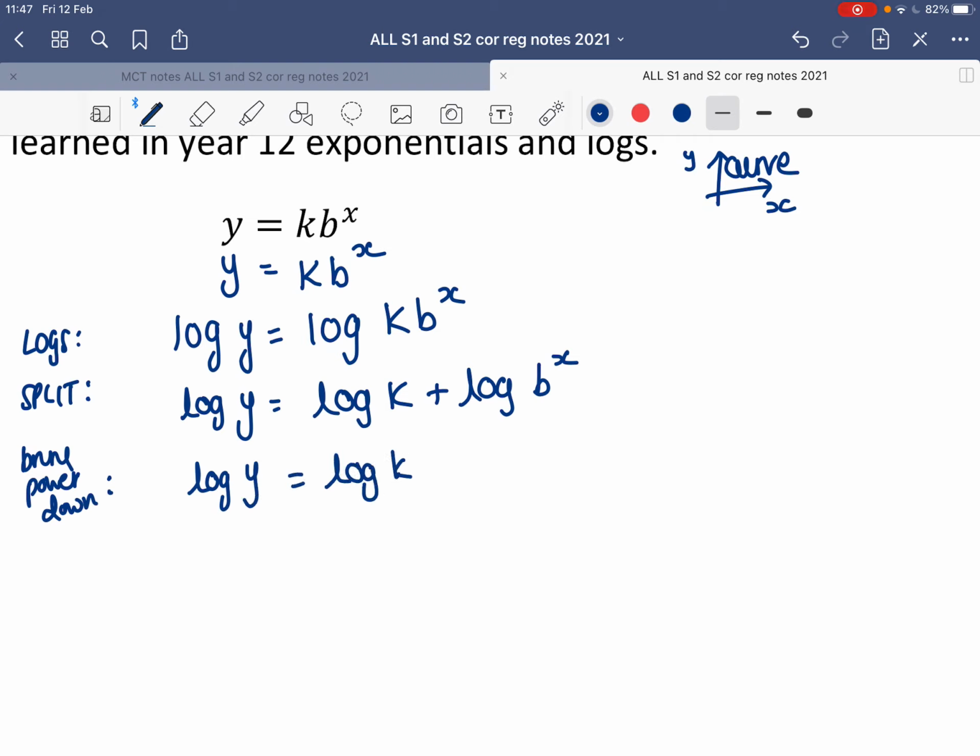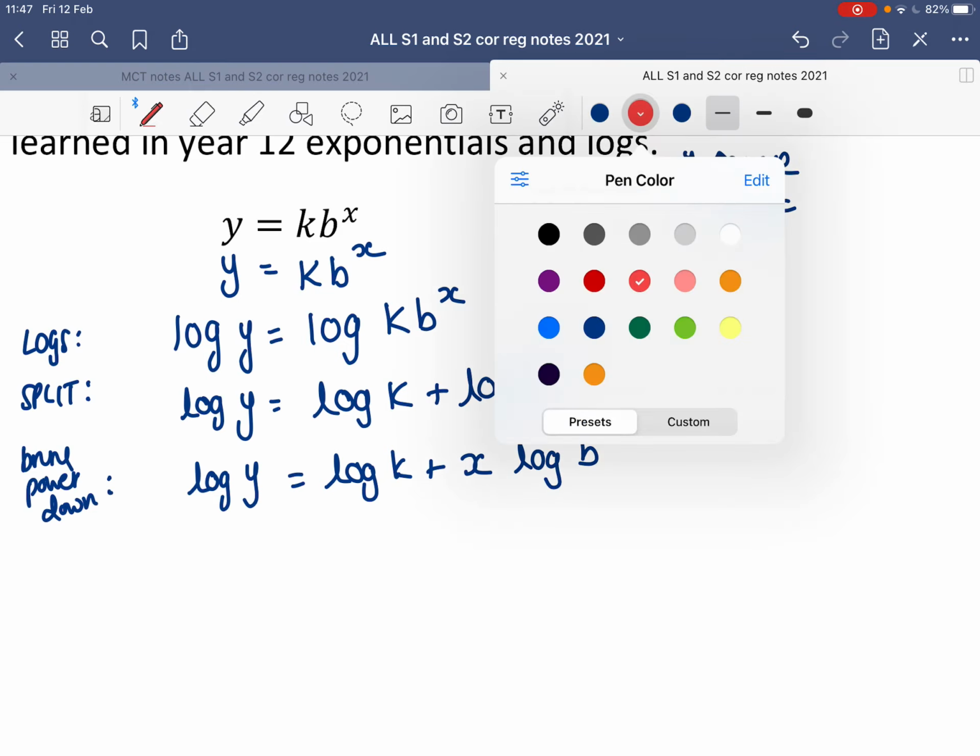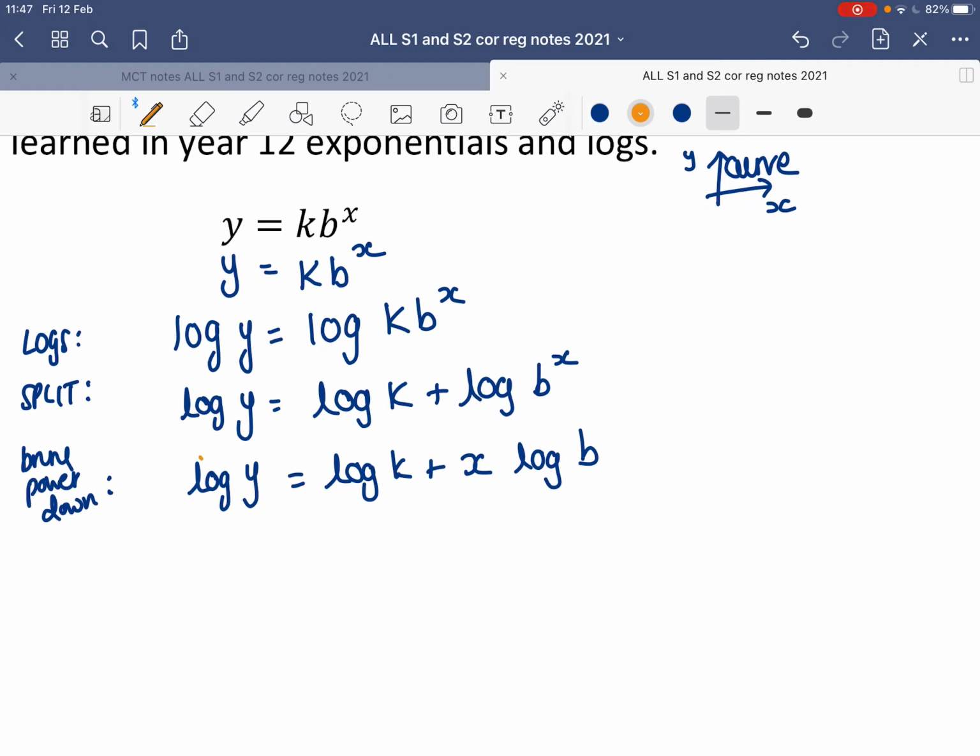You get log y equals log k plus x log b. Now we've got something that reads y equals a plus bx. So y equals a constant plus b times x.